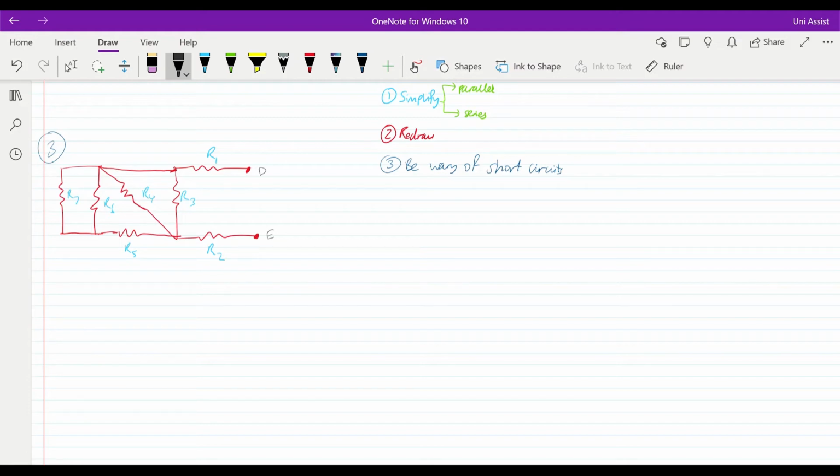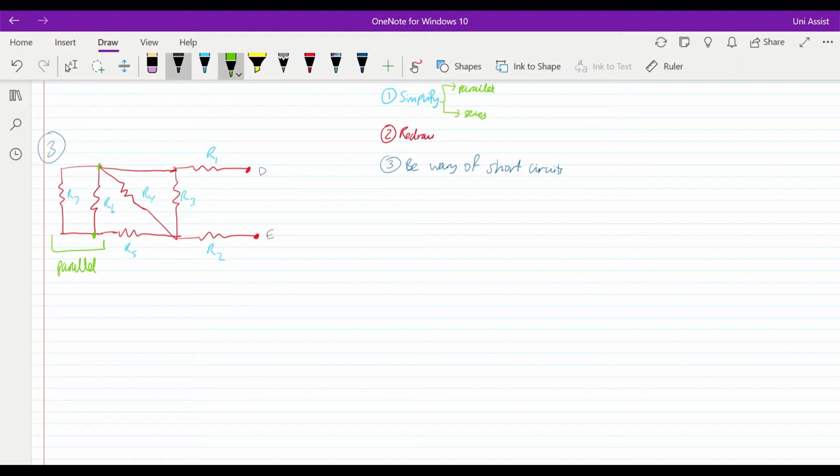So as before, we're going to start with the same strategy. So we're going to look for any parallel or series combinations. So let's start here on the left hand side. You can see that R7 and R6 are both connected to these two nodes, which tells me straight away that these two are indeed parallel.